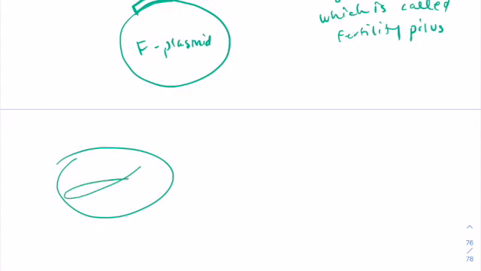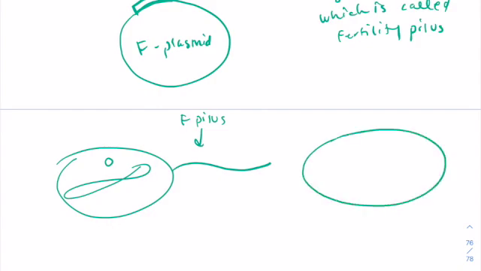If we've got a bacterial cell here and it's got the F plasmid and it's able to make the F pilus, the F pilus is a very special pilus. It will actually allow connection between two bacterial cells.